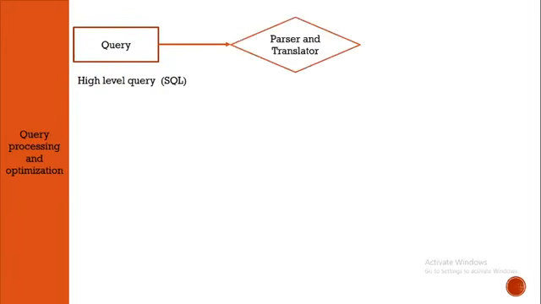Now we will understand the concept through a diagram. So the SQL query is transferred to the parser and translator. The parser checks for the syntax and verifies the relation. Verifying the relation means, let's take an example, it checks the relation name in the query against the relation name in the database.